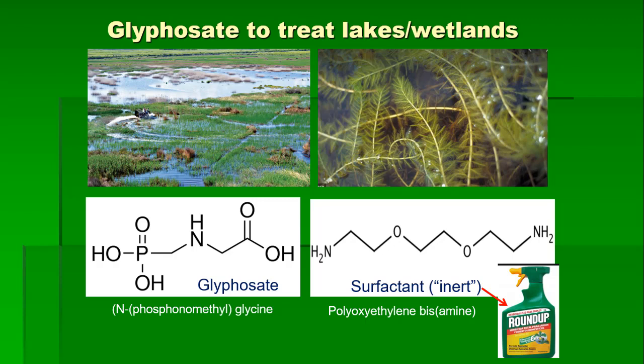What happens is that the same properties that allow the surfactant to penetrate the leaf cuticles also make it particularly good at rupturing the gill cells of fish and tadpoles, and that's going to lead to their suffocation.